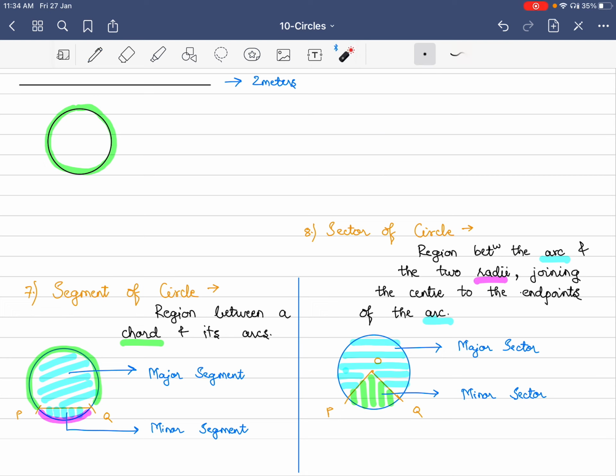This is the segment of a circle, major segment, minor segment. You can see in the segment of the circle, the radius is not involved. We don't consider the radius or the center of a circle. Whereas while considering the sector of a circle, we connect these endpoints of the arc with the center, and thus the radius also gets involved in the sector of a circle. So that's an important difference between the segment of a circle and the sector of a circle.